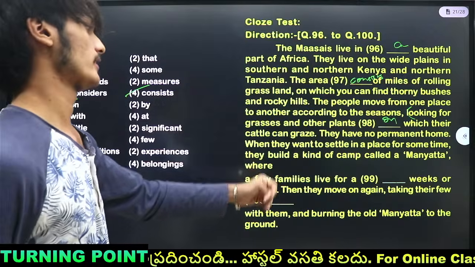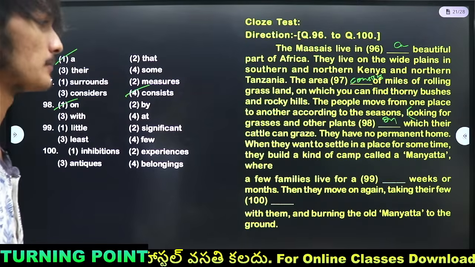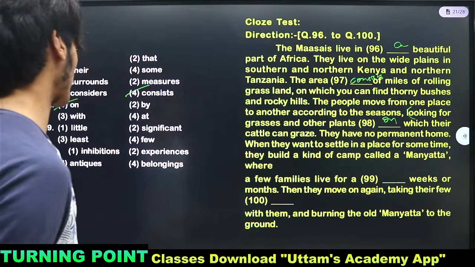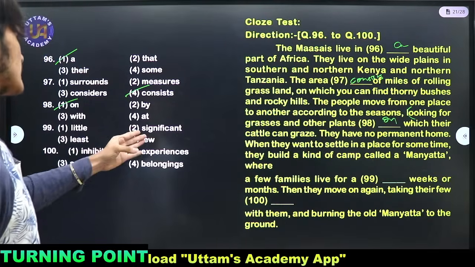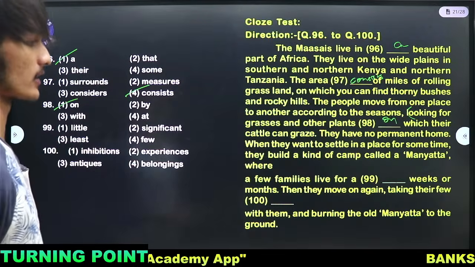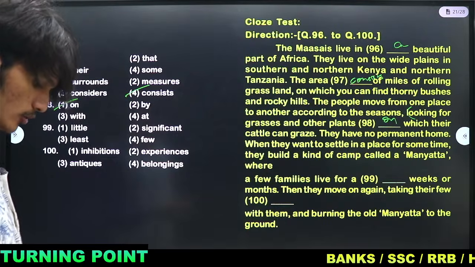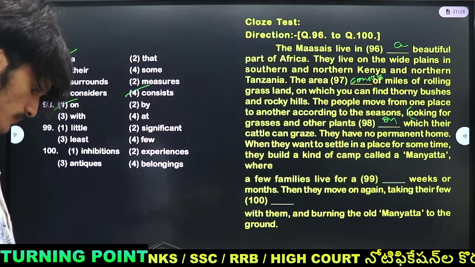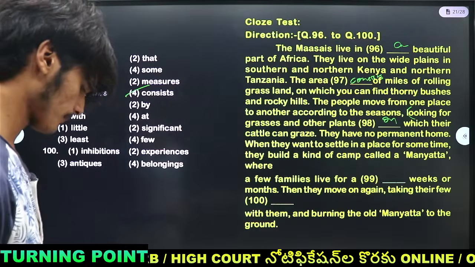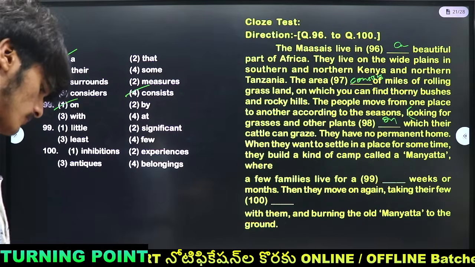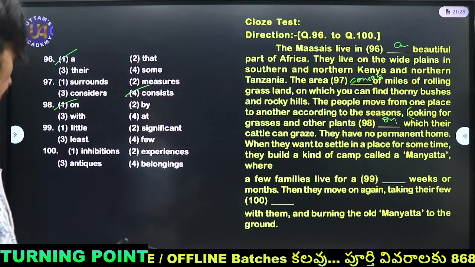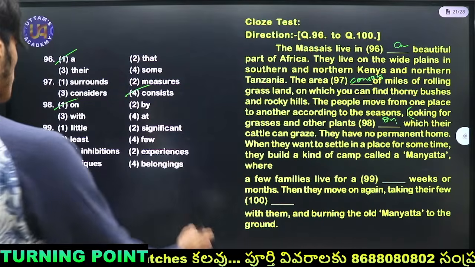Then they build a kind of camp called a Manietta, where a few families live for a dash weeks: a little, significant, least, few. Anudipti says few, Randur says few, Hassan Basha says few, Narendra says few.